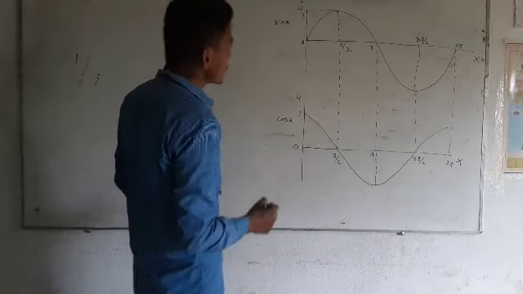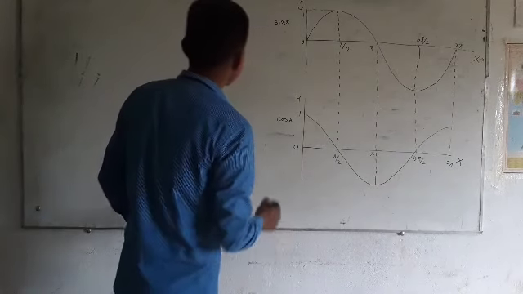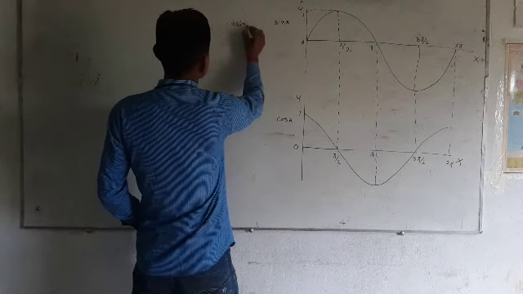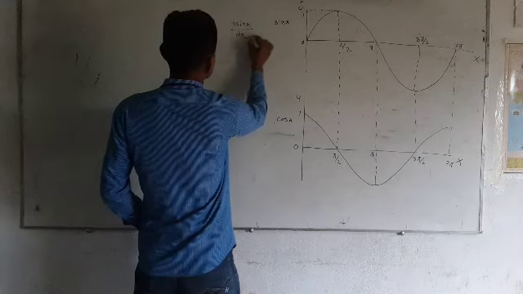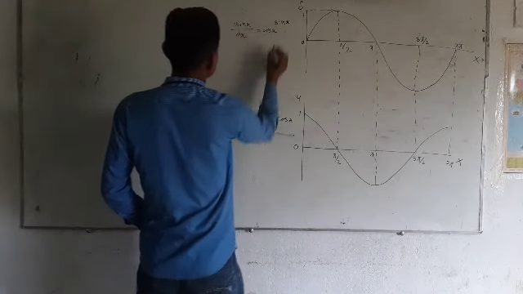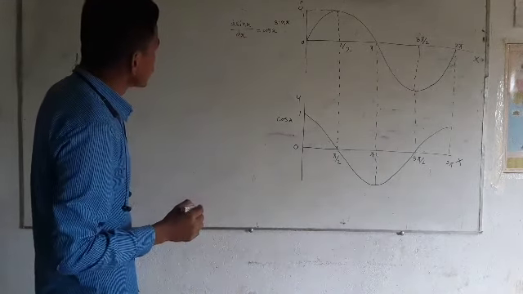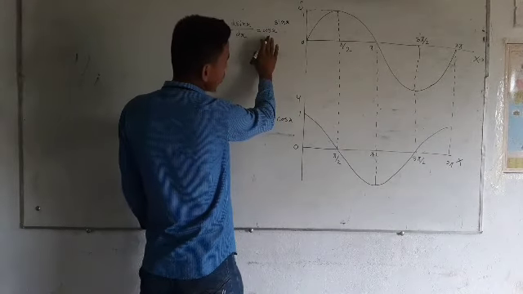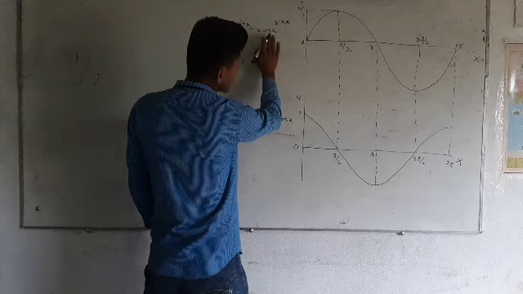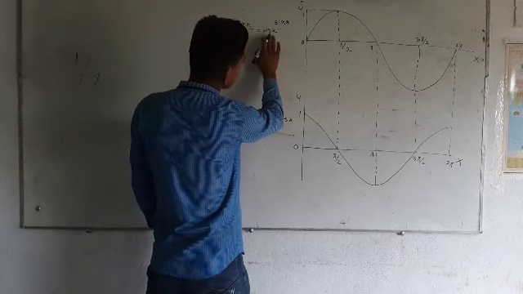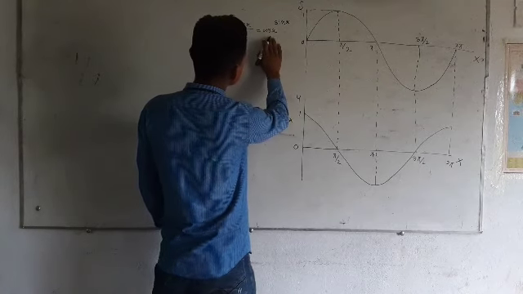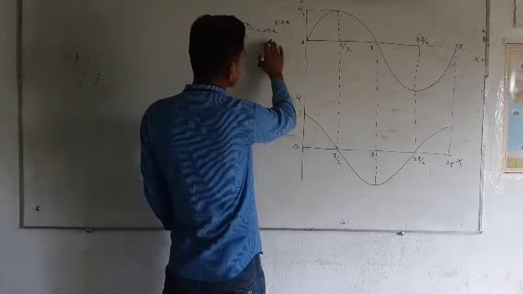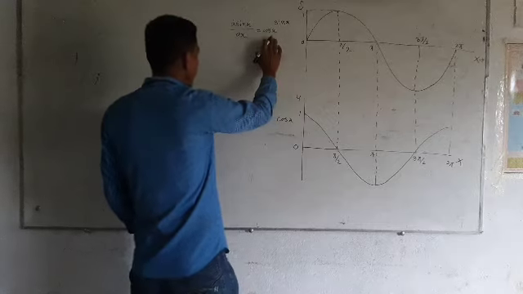So the original function is sine x, and differentiation of sine x yields cos x. That is, cos x is the general expression of the graph that represents the value of the slope at different points of the graph of the original function sine x.